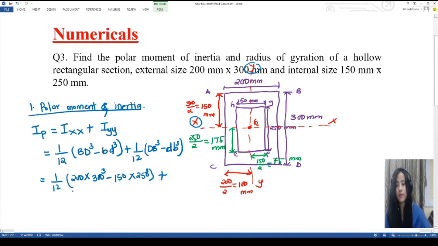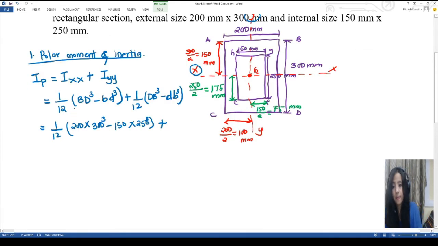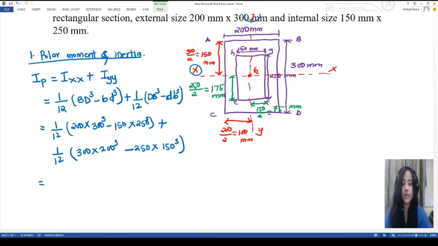Plus 1 by 12, D for the external rectangle is 300 into B is 200 cube minus D is 250 into 150 cube. Now let us solve this and get the value from the calculator.